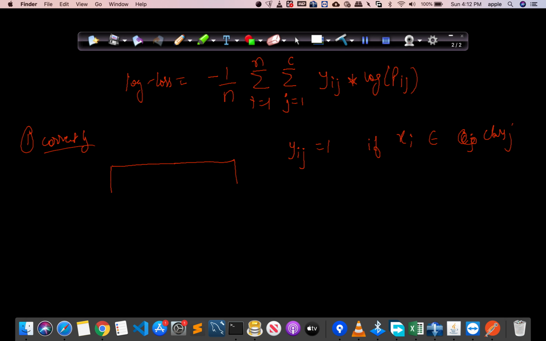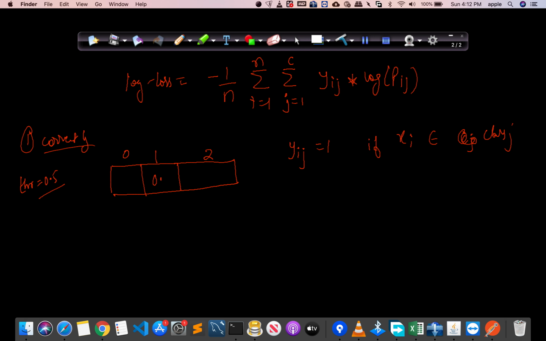When there are three classes, the model has to give probability for each of the classes. This is class 0, this is class 1, this is class 2. The model will give the probability for each class, and suppose the threshold is 0.5. If the probability of any class is greater than 0.5, then we say that the point belongs to that particular class.